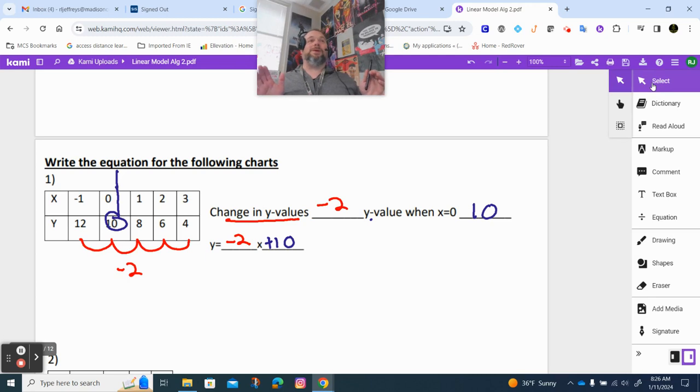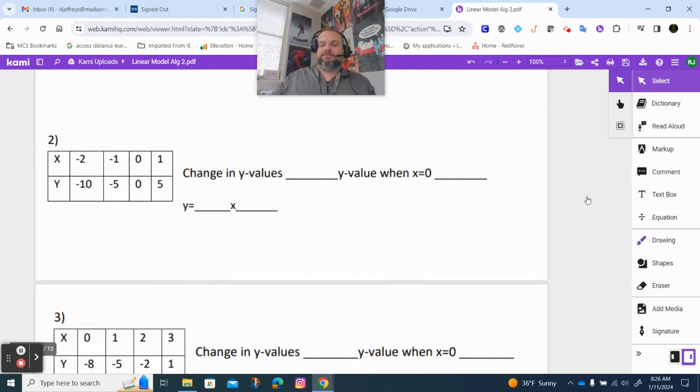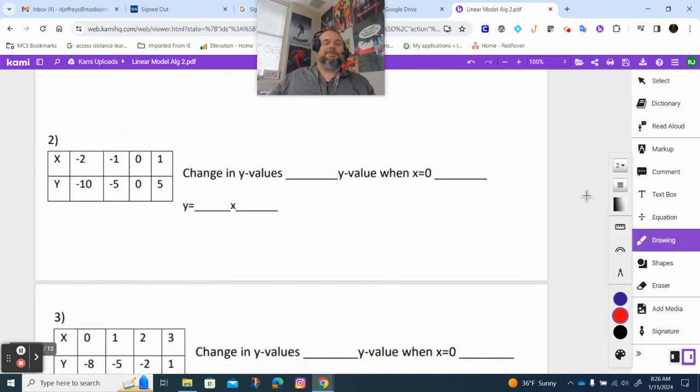So that was number 1. Super similar to our example. I haven't changed stuff up. All right, let's look at number 2. It goes -10, -5, 0, 5. What is our change in Y values? Yeah, we're adding 5.